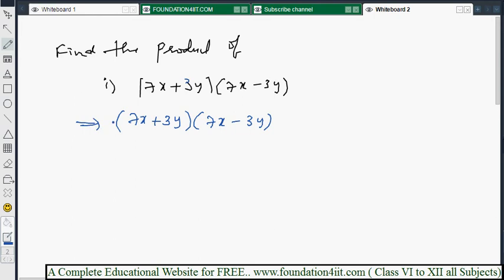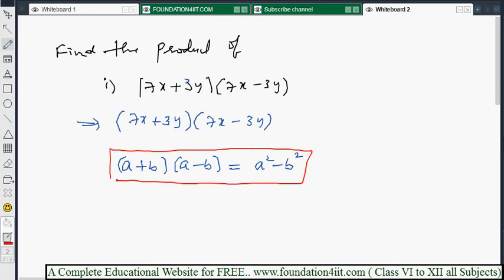We need not apply the distributive law again because the two terms have plus and minus separate signs. So if you apply this formula, A plus B into A minus B is equal to A square minus B square. You remember this: first term square minus second term square. Here 7x is first, 3y is second.